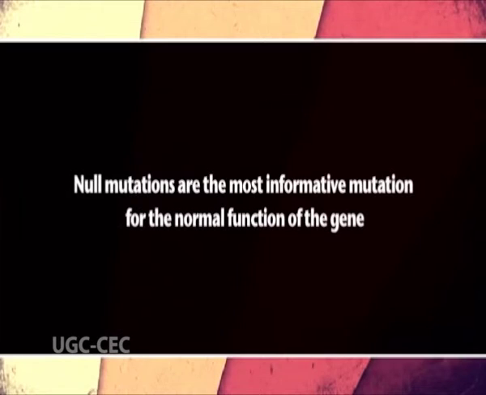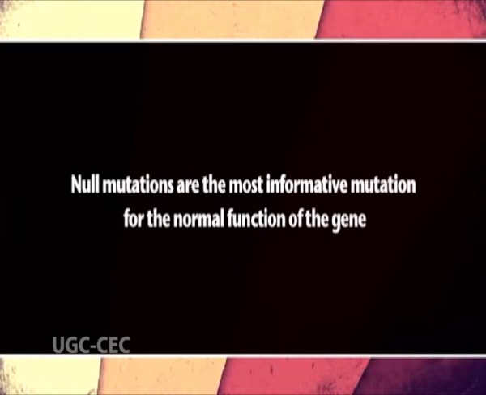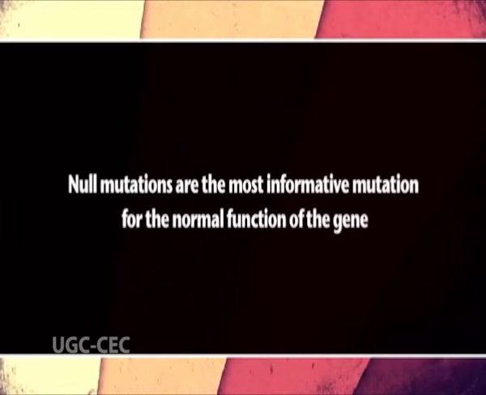Also, consider that while many disease-causing mutations are not complete loss of function mutations, null mutations are the most informative mutation for the normal function of the gene and can be used in conjunction with the disease-causing mutations to better understand molecular mechanisms.